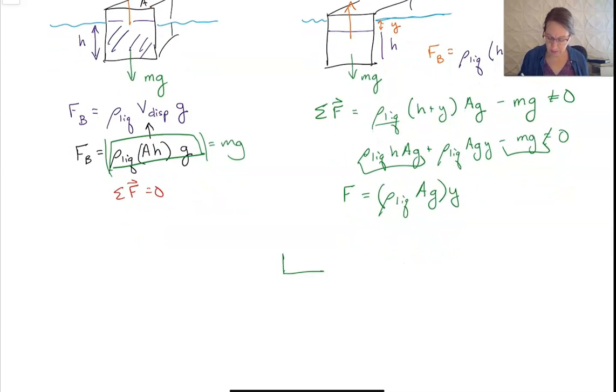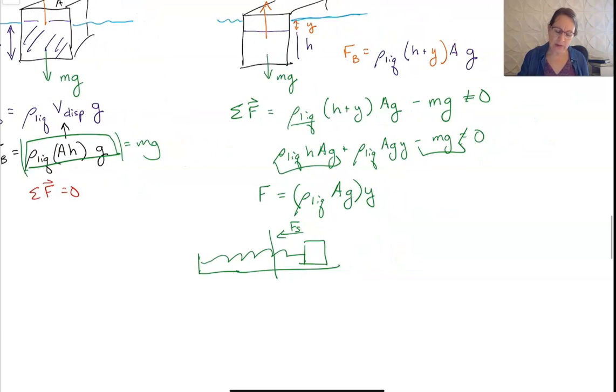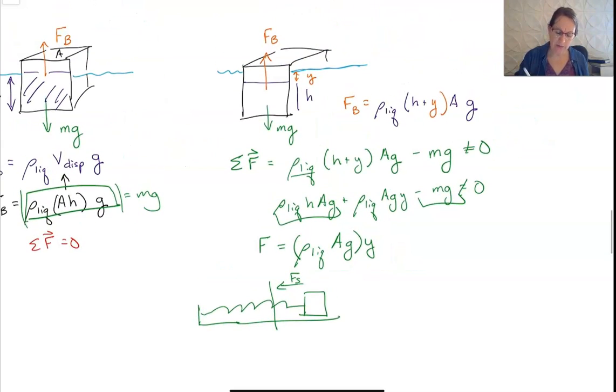I don't have my signs set up quite so nicely, but when we pull a spring to the right and extend it so that the spring is stretched, it wants to go back to equilibrium, right? That's the direction of the spring force. It pulls it back to equilibrium. Well, this is exactly the same way. This y is really a negative value if we wanted to be very careful about it.